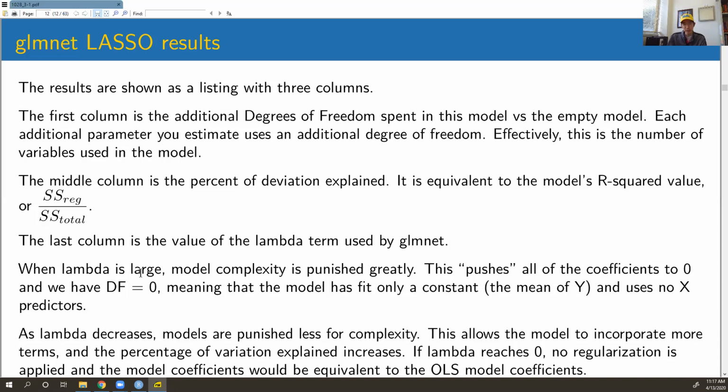When lambda is large, this pushes all the coefficients to 0, and we have degrees of freedom equal to 0. As lambda decreases, models are punished less for complexity. This allows the model to incorporate more terms. And if lambda reaches 0, then no regularization is applied, and the model coefficients would be equivalent to the OLS model coefficients.